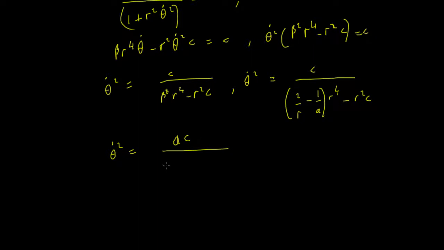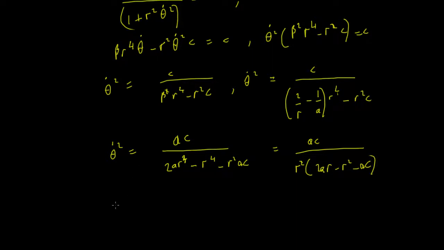So ac, and that'll be 2ar cubed, that term now 2ar cubed minus r to the 4 minus r squared ac, which equals ac upon, and we'll take out the r squared term, r squared, 2ar minus r squared minus ac.